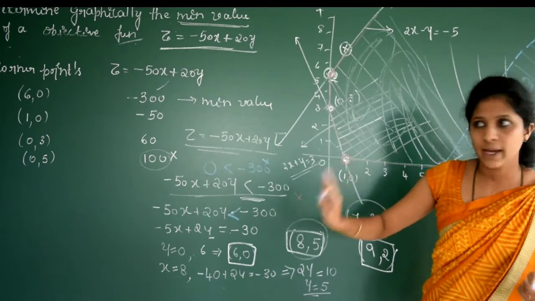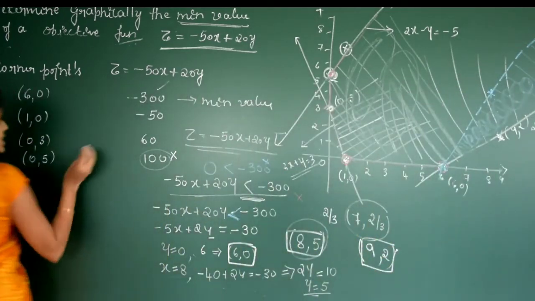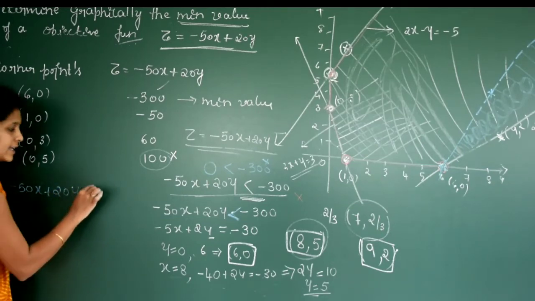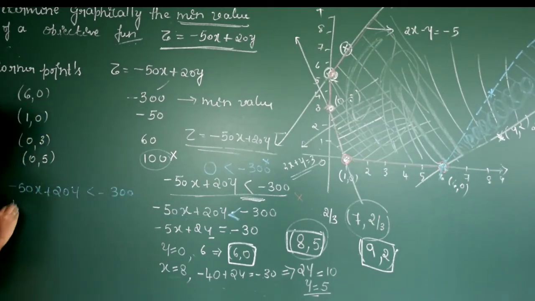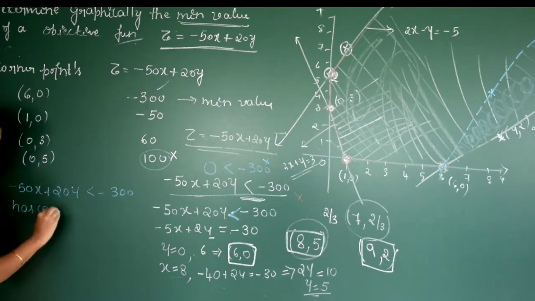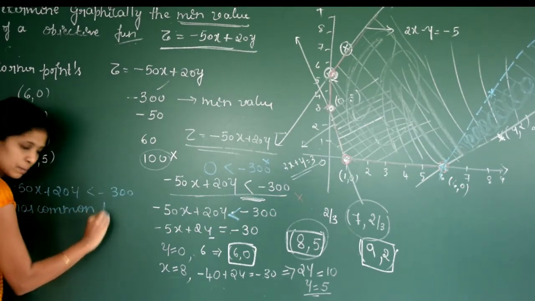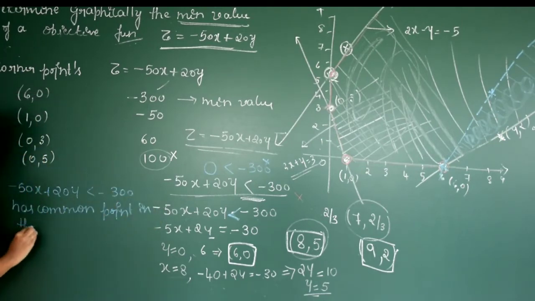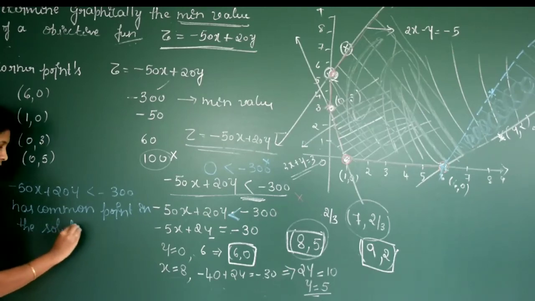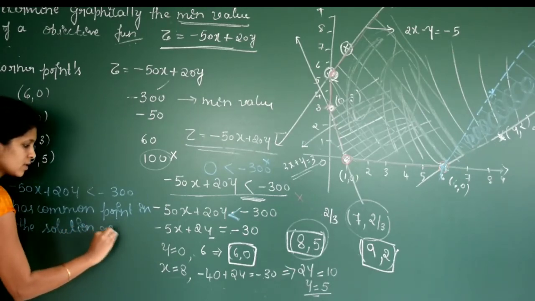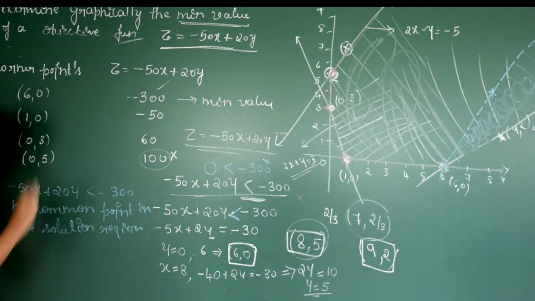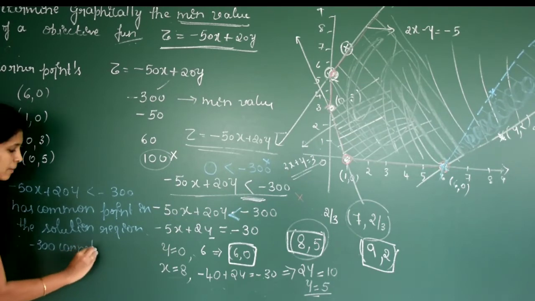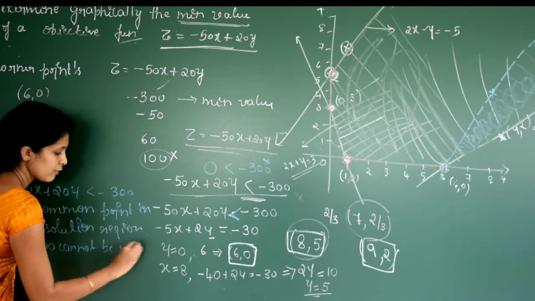Is it clear? So the final conclusion should be: since the line minus 50x plus 20y less than minus 300 has a common point in the solution region, therefore minus 300 cannot be a minimum value.